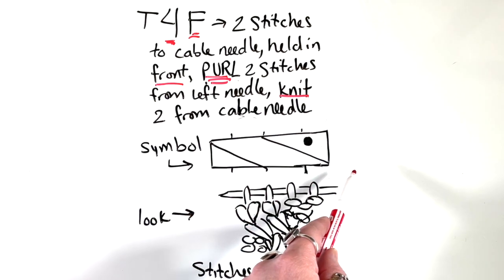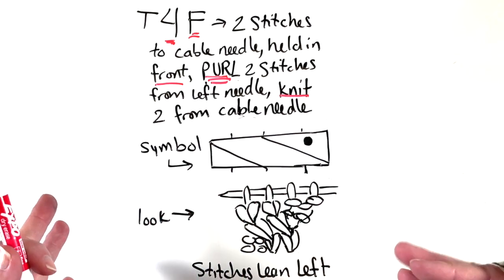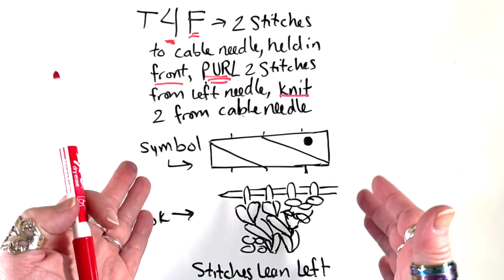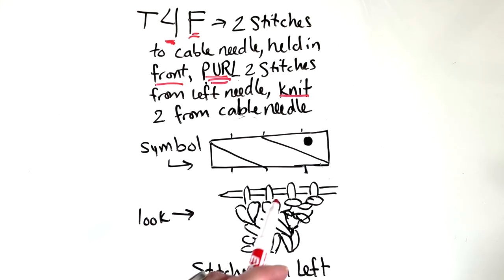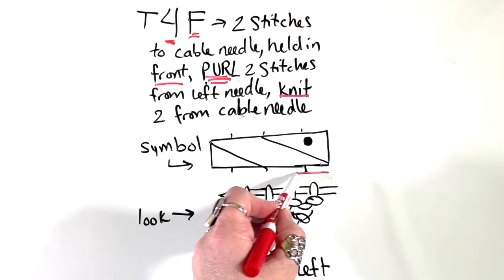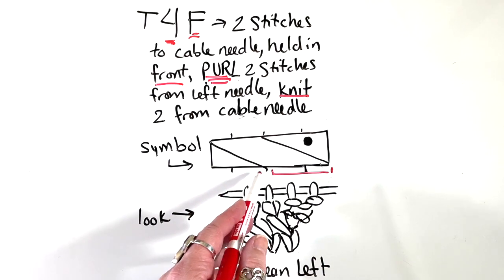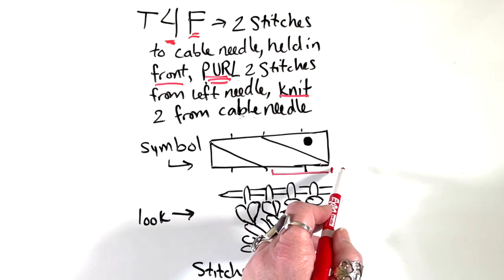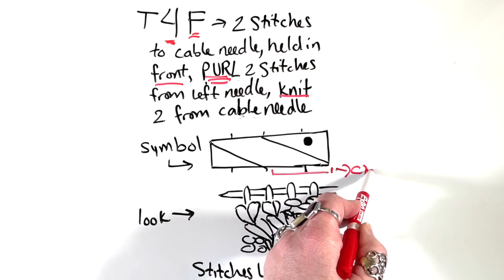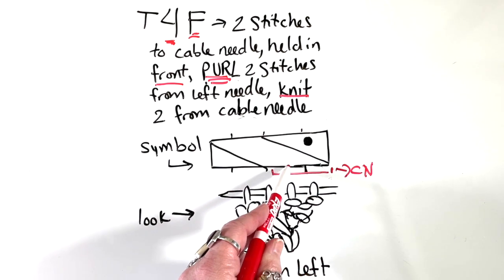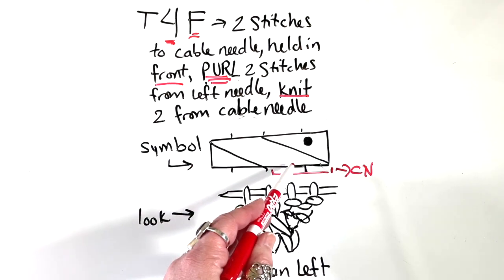And as you go through symbols and charts with the cable symbol, think about it as this bottom is telling you how many stitches need to go on the cable needle. So these are our cable needle stitches. They're going to be held in front. They're going to be the ones that are visible.